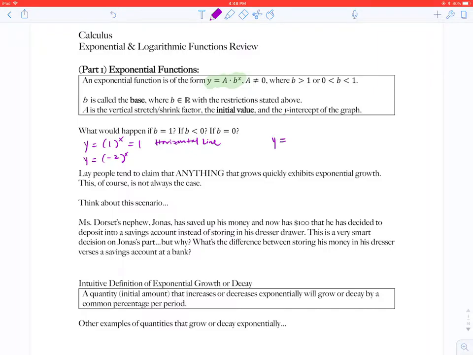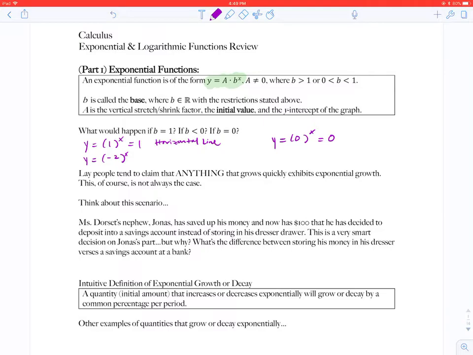And then if b were equal to 0, okay, 0 raised to 1, 2, 3, 4, right? Any positive real number is just going to be 0. And 0 to the 0th power is undefined.